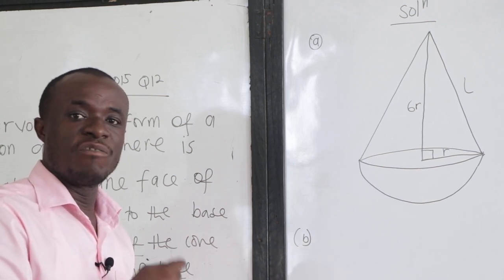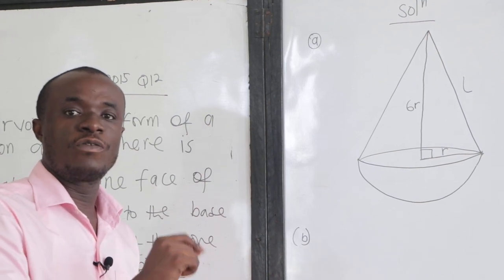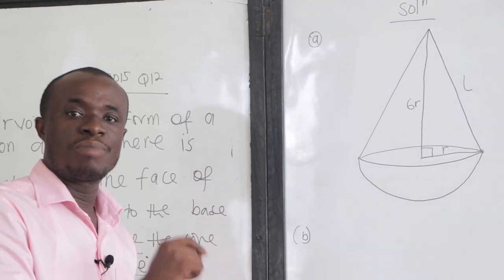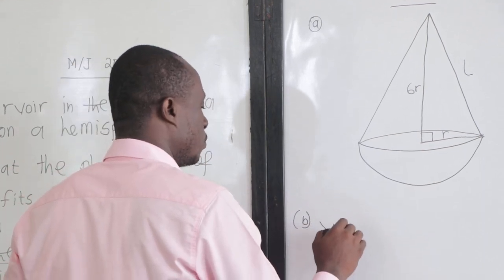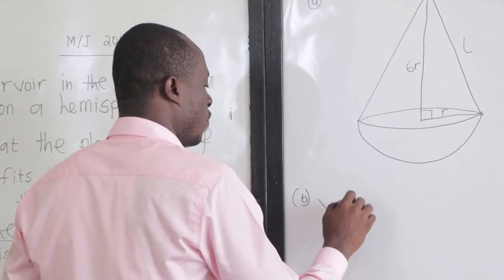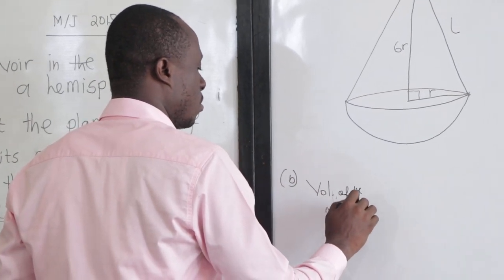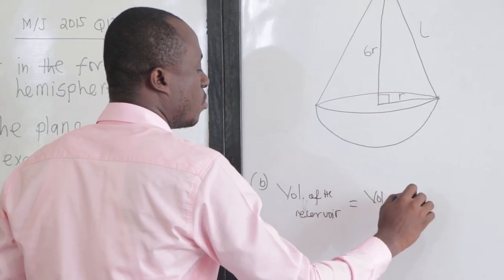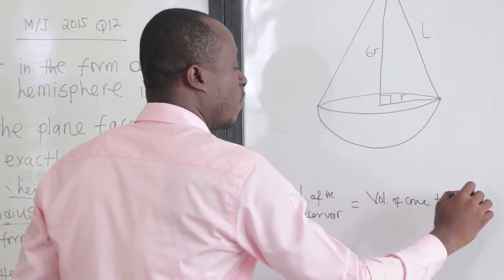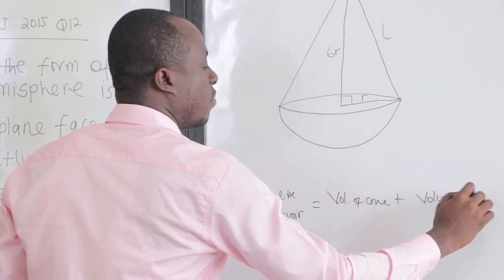So the volume of the reservoir will be equal to the volume of the cone plus the volume of the hemisphere.